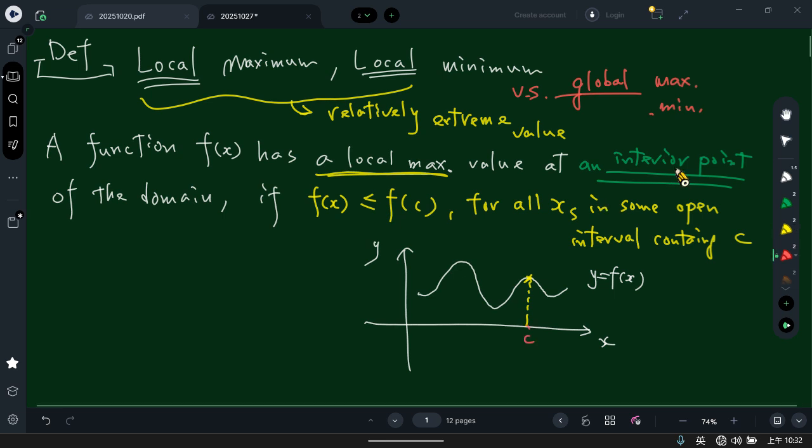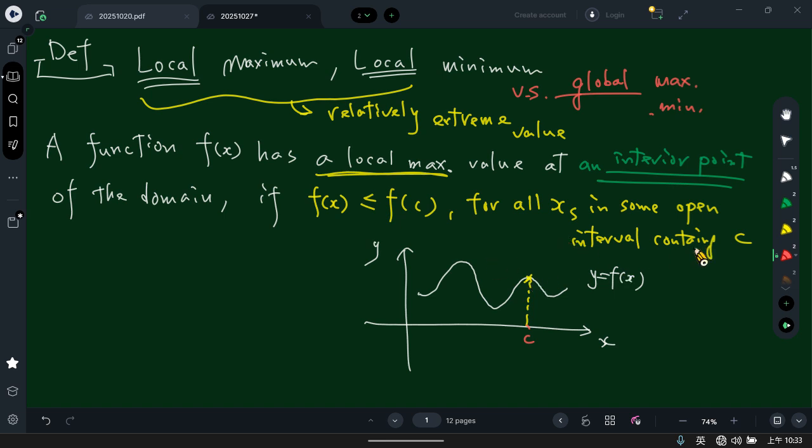You can see this is local. We can have a local maximum here. However, it's not the global maximum because another point here is higher than this point. If we're talking about the global maximum, it should be this point, right? But if we talk about local maxima, we talk about this point as well as this point.